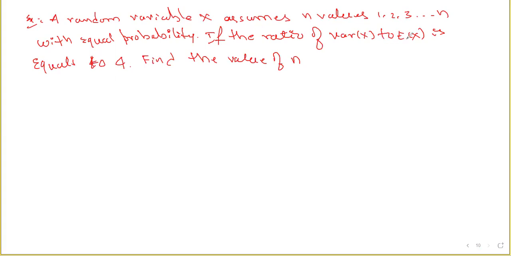Whenever the ratio of variance of x to expected value of x is equal to 4, then find the value of n. Then they continue the question again.